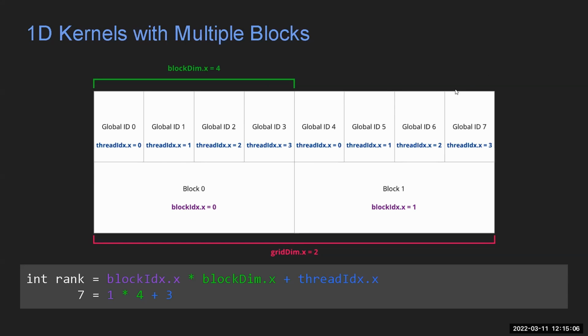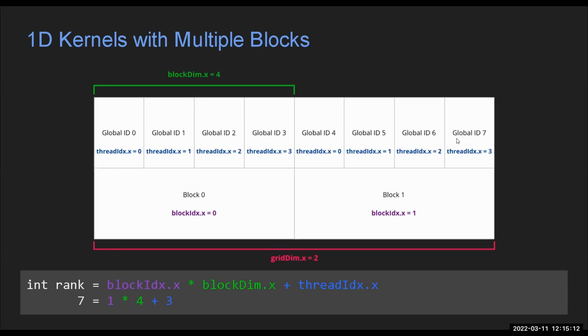So in other words, if we wanted to find this global ID 7 without knowing that it's 7 prior, obviously, we have to know how many threads are in front of it to know that this one's going to be 7. So how do we add them up efficiently?